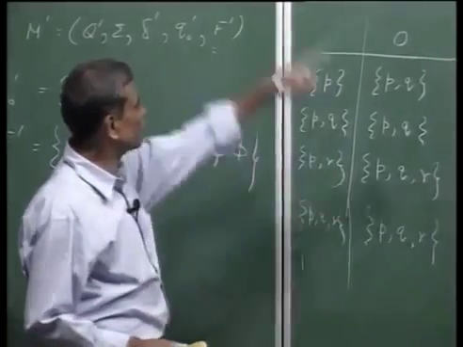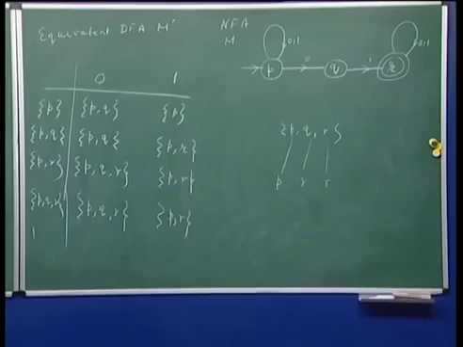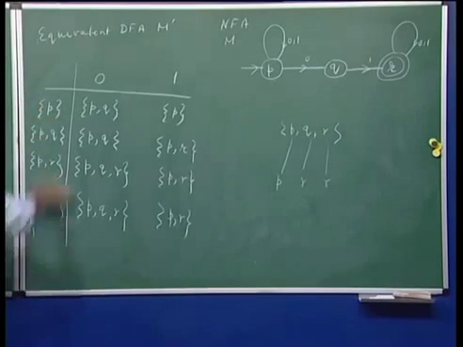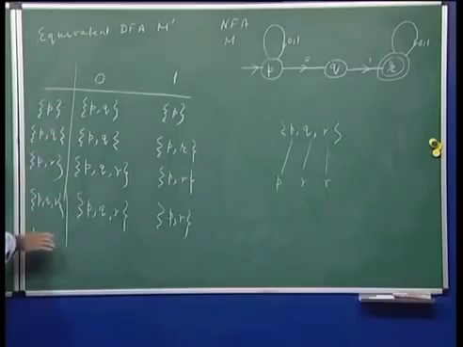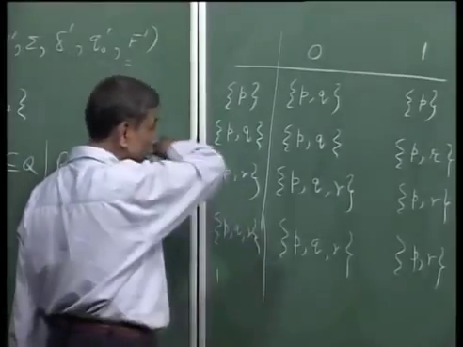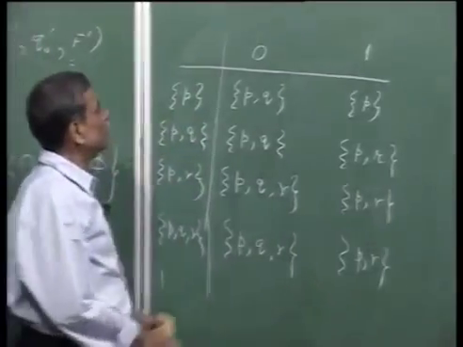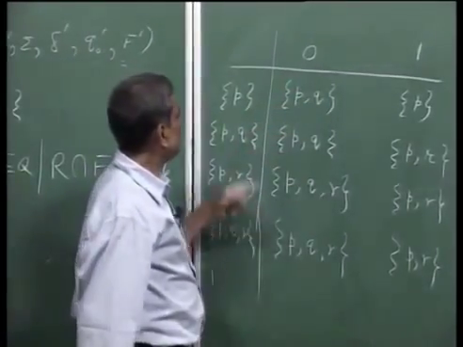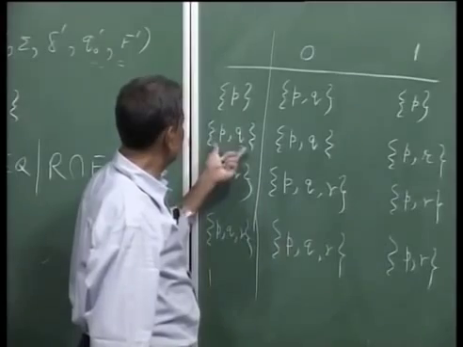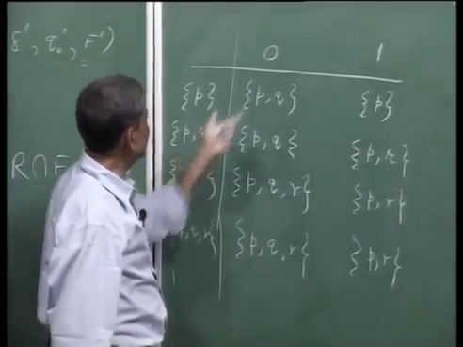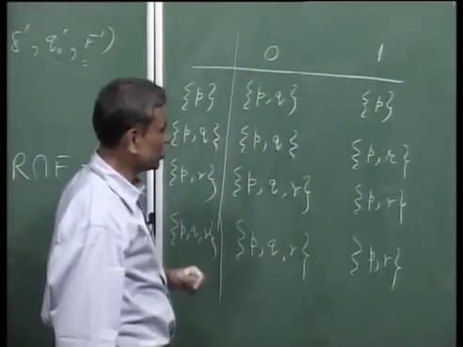By the way, this is called a transition table, because this side we are listing out all the states of the DFA, and here we have one column per symbol, and such a table tells that if the machine is in this state and a 0 came, which is the state it can go to.